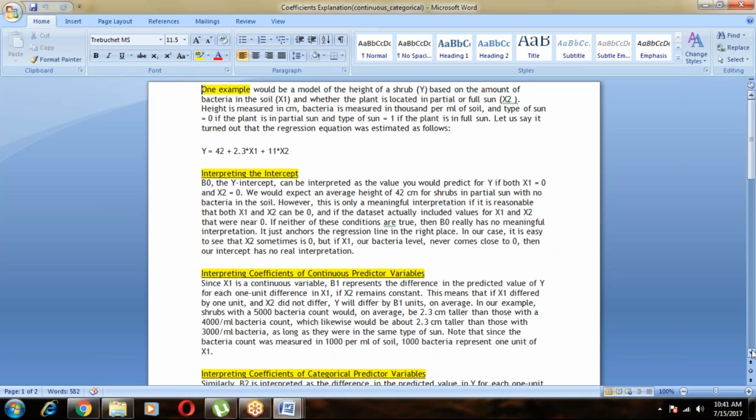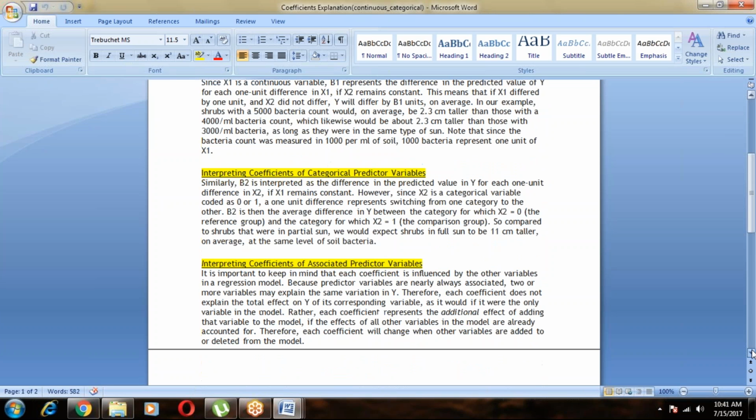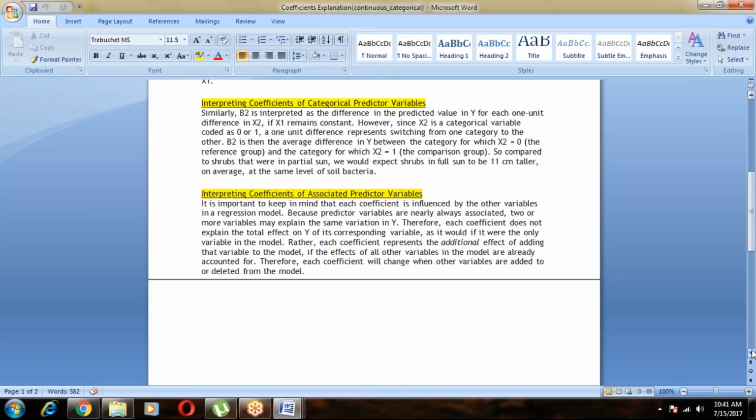This note I have included: interpret the slope coefficient for your continuous data, for your categorical data, and for your intercept term. This is important for your interview, so it is included in the materials. Just go through it, and the example is also given there. As we have already discussed it, I'm not going to repeat it. If you have any query, get back to us and we will answer you.